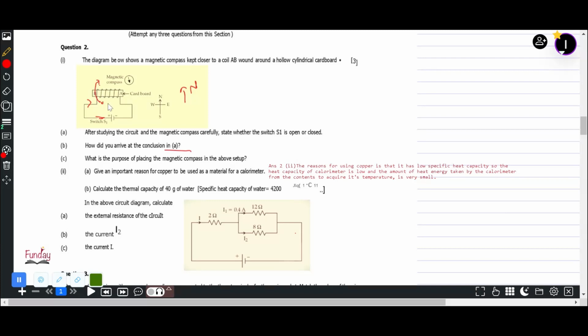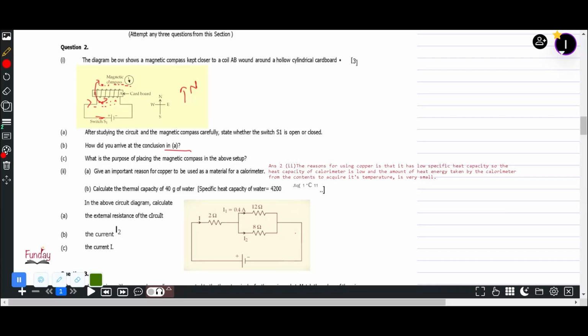So we have magnetic field on this side, and here we have it on this side. We have current in this direction, so the magnetic field will be inside. It will be like this.